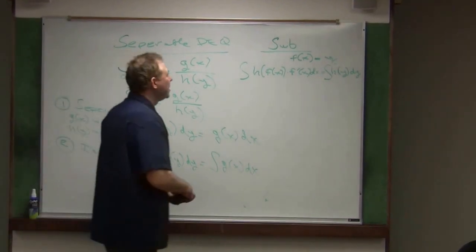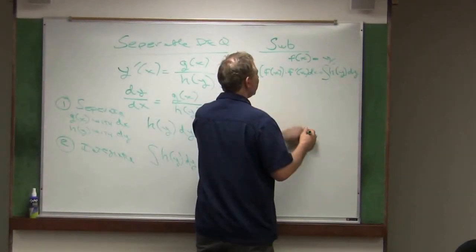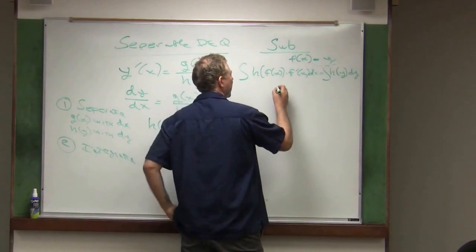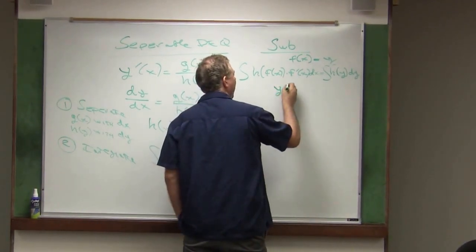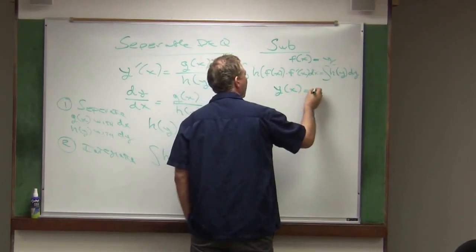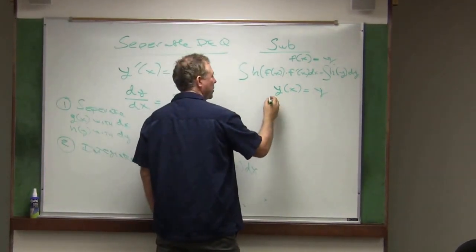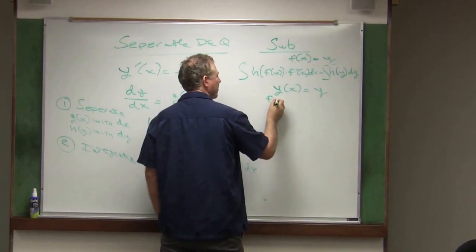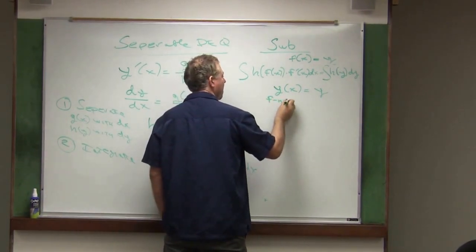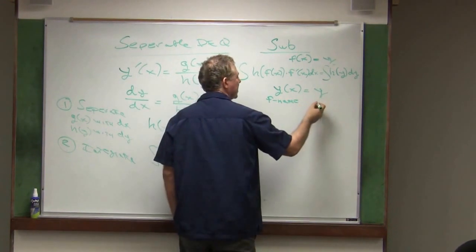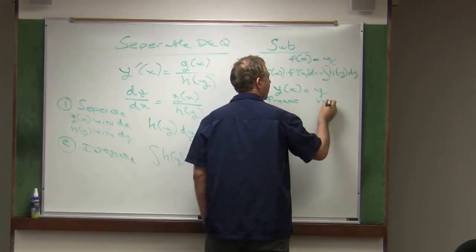It's going to look a little bit like abusive notation, but y of x is equal to y. In this context, y is a function name, and this instance here is a variable name.